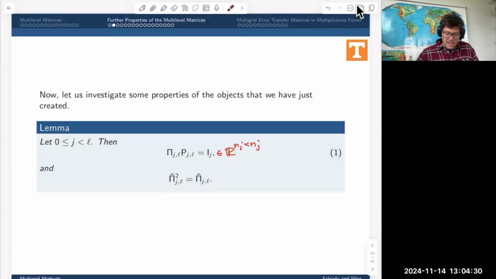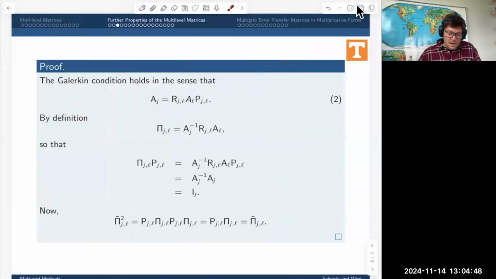Now, we're in the context of finite element methods where we know that the Galerkin condition holds. This is a standard property of the fact that the Galerkin condition holds, as we'll see. This second one is a bit more puzzling, so let's prove the first one first. The Galerkin condition always holds in the following sense.